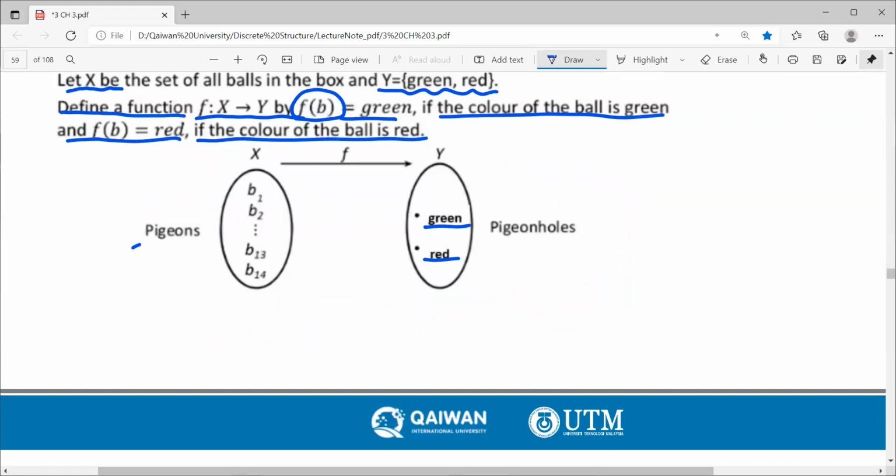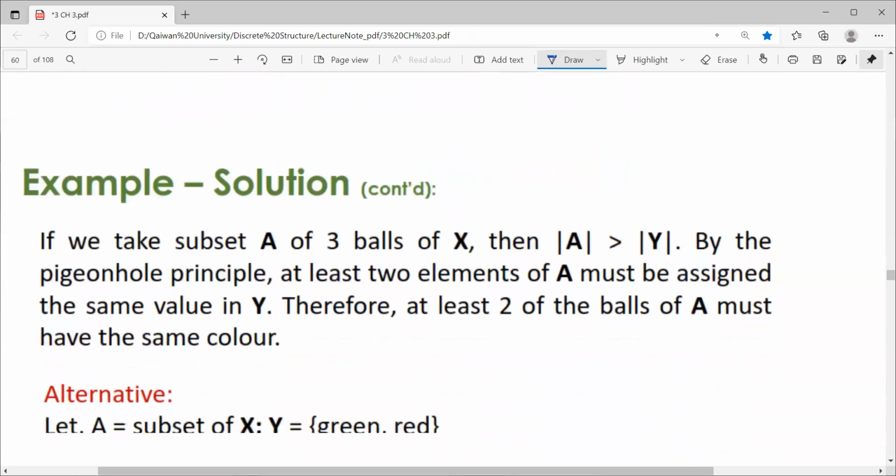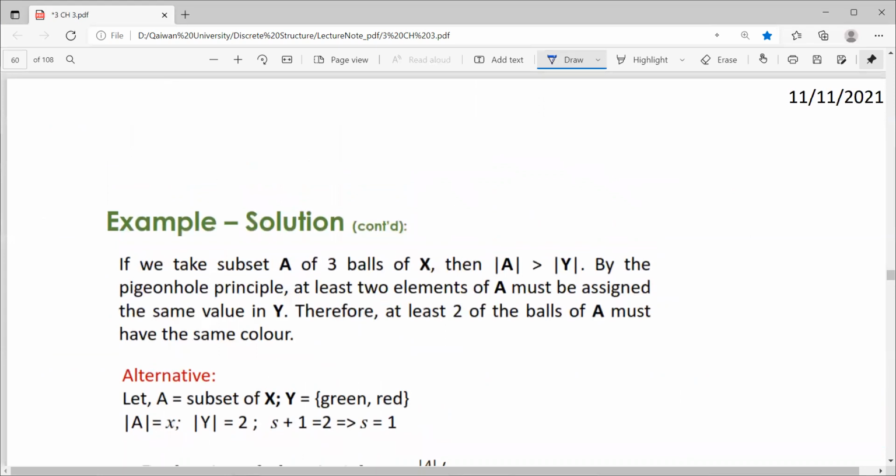As you see here, these are pigeons and these are pigeonholes, the images. We take A to be a subset of X. That means in A we have balls. How many balls should we have in A? We have 3 balls. If we take a subset A of 3 balls of X, that means we take 3 balls randomly.